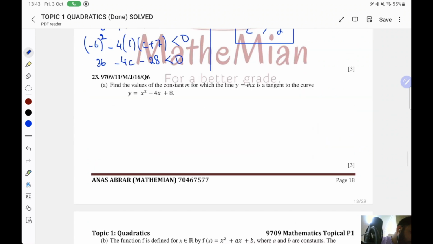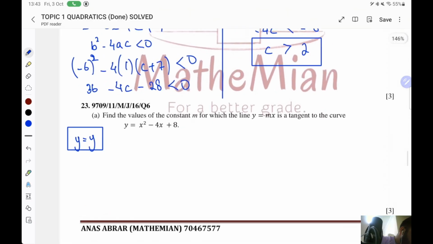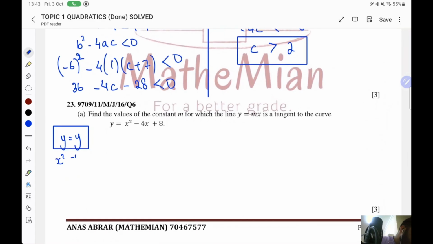So you'll put y and y equal to each other, which will make it x squared minus 4x plus 8 equals mx. So the intersection equation will be x squared minus 4x minus mx plus 8 equals 0.